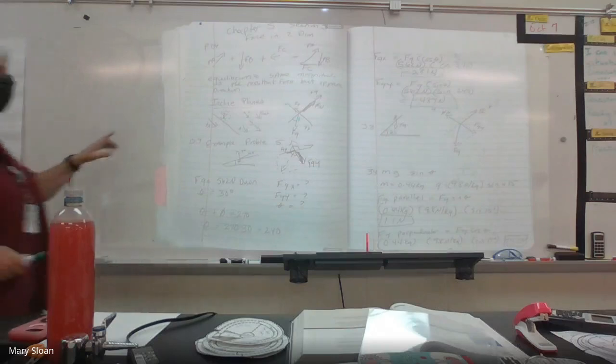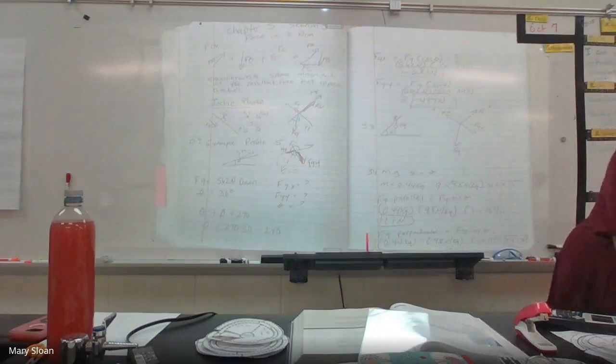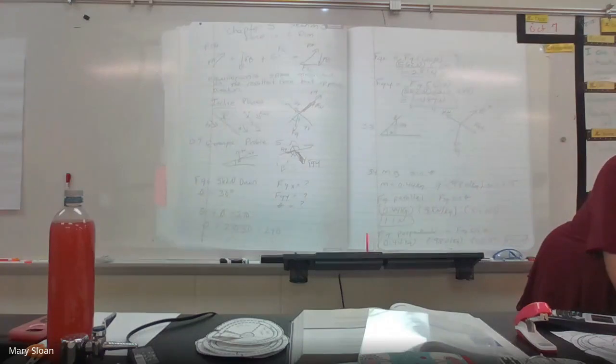Example problem 5 on page 139 shows components of weight of an object on an inclined plane. A 562 newton crate is resting on an inclined plane at 30 degrees above the horizontal. Find the components of the crate weight that are perpendicular and parallel to the plane.